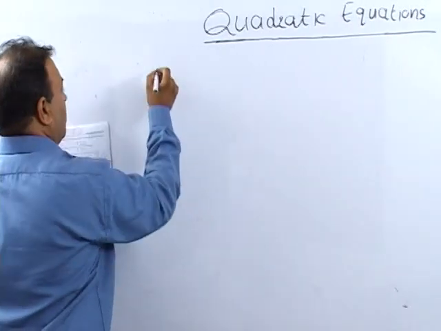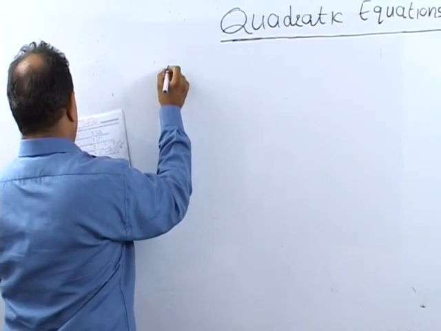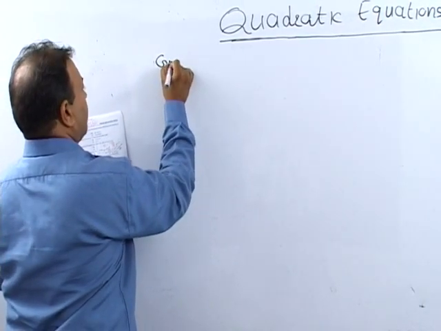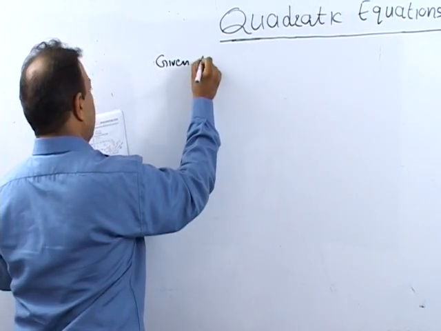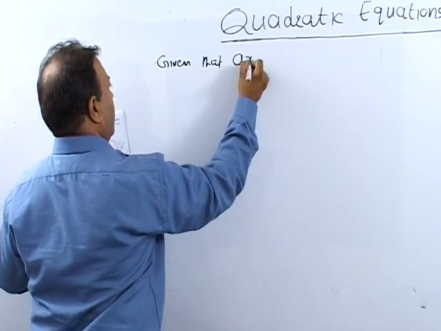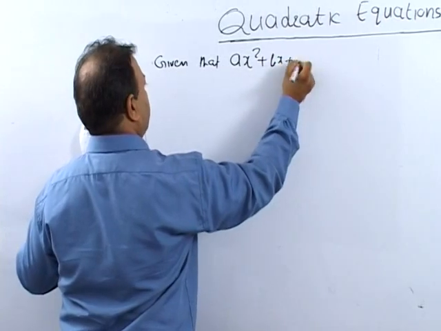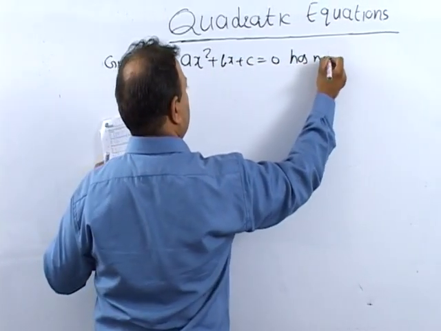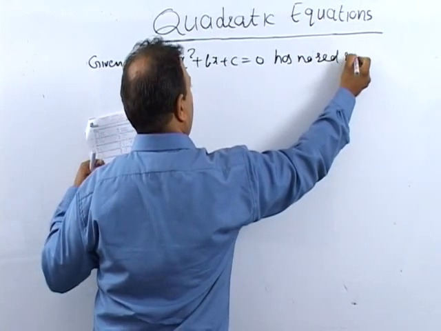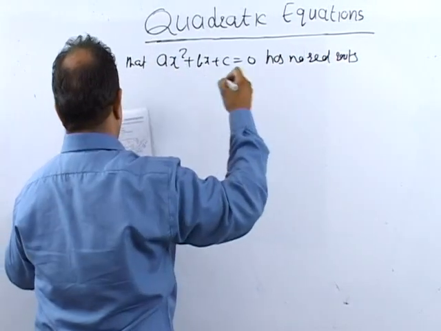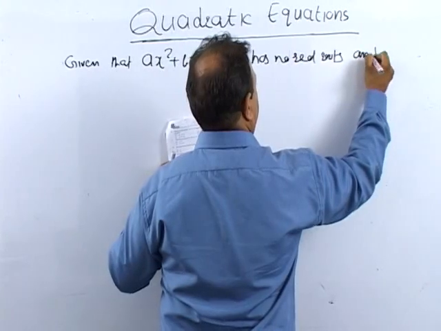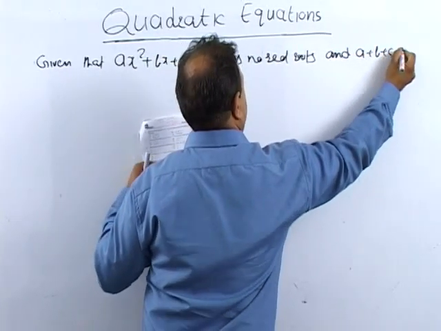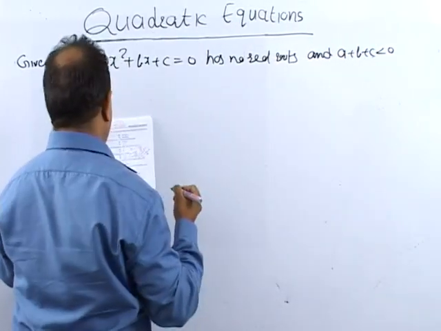The problem of our booklet is, it is given that ax square plus bx plus c is equal to 0 has no real roots, and a plus b plus c less than 0.